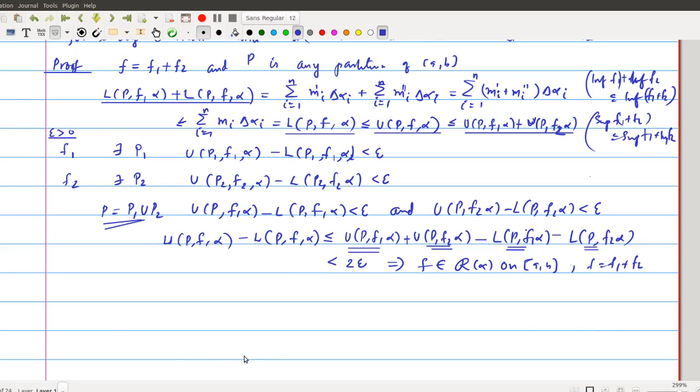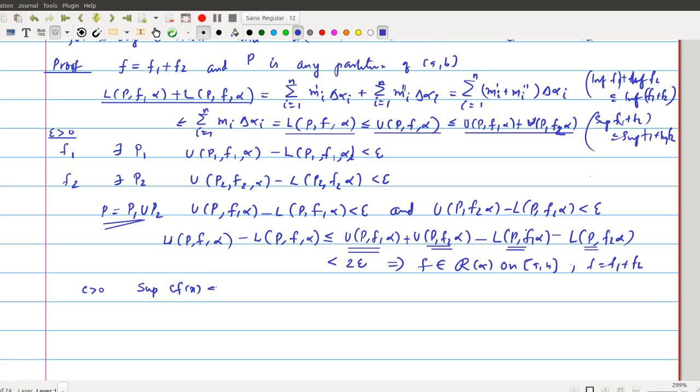Similarly, if we take the case of cf, one thing we know is, if c is greater than 0, then what is the relation between the supremum of cf(x) and f(x)?